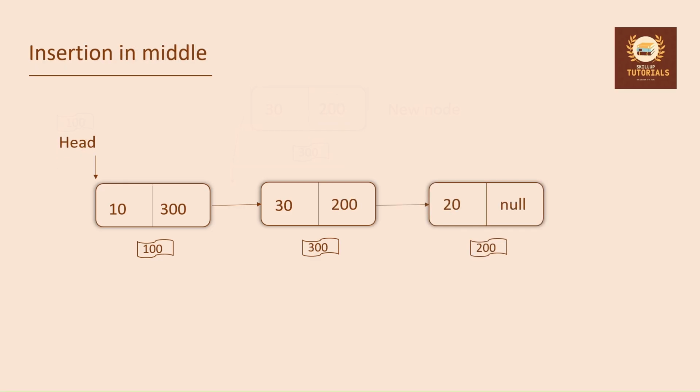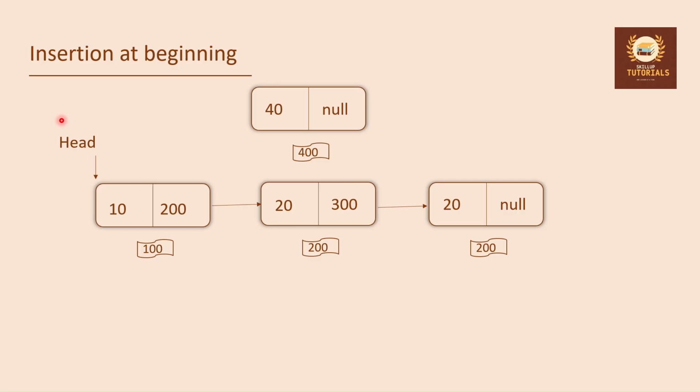And now let's see, this is how it will be inserted. As you can see here, the head value was not changed. For example, if I want to insert at the beginning, I want to insert it here. That is very simple. You just need to update this value. Like we already know that the head value is 100.